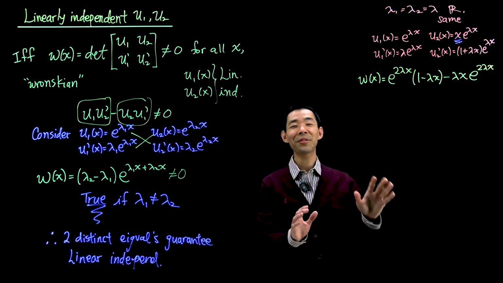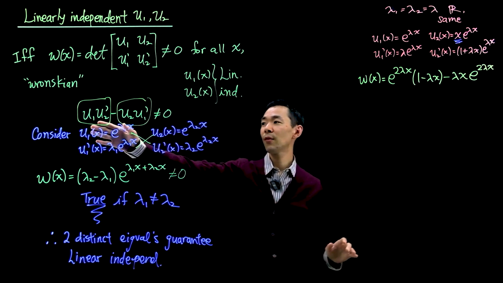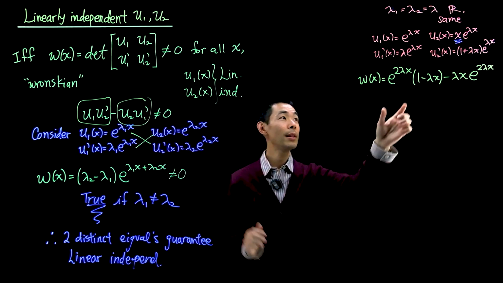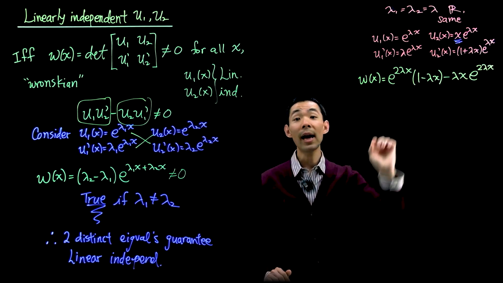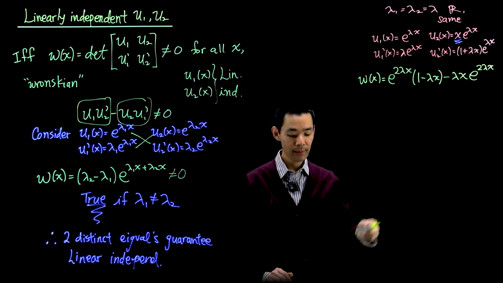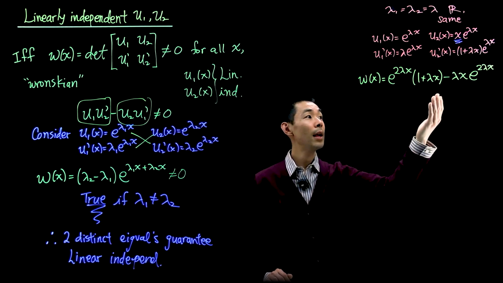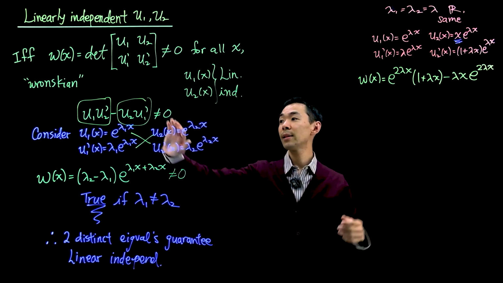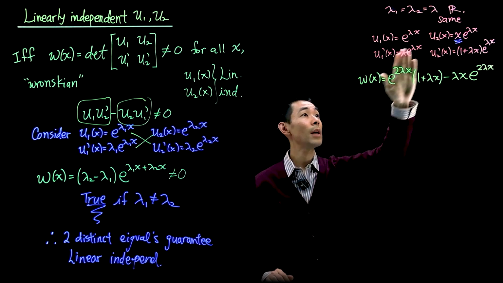Okay, I've just literally plugged in u1 times u2 prime. That's the first term over here on the left. That just simply gives you e to the 2 lambda x because the exponentials add. And we get the 1 plus lambda x to just fall straight through. And then the second term is minus u2 times u1 prime.